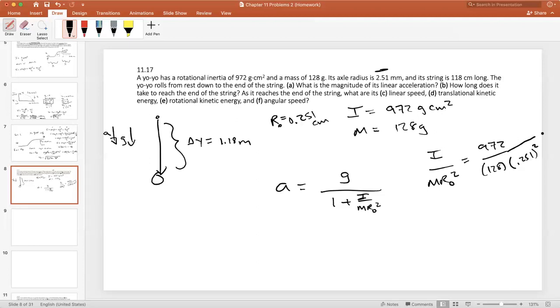And all my units cancel, and this just becomes a whole number. For me, this is 972 divided by 128 times 0.251 times 0.251, and I get 120.5.